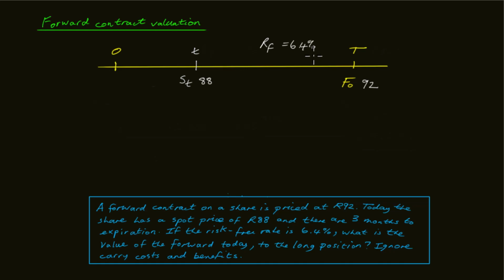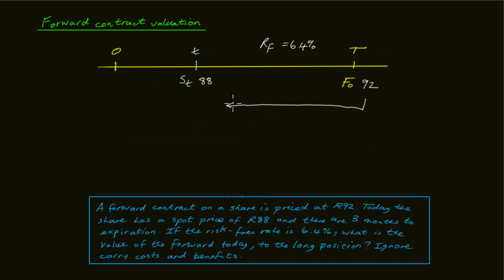Bearing in mind that we need to determine a value at time small t, we need therefore logically to bring the 92 back from time capital T to the earlier date.